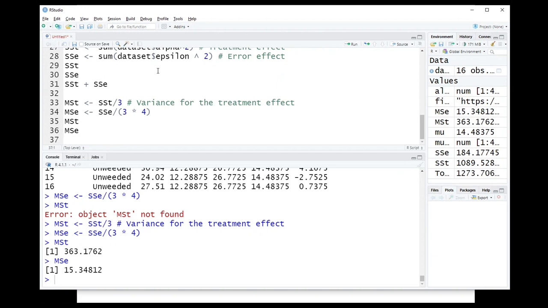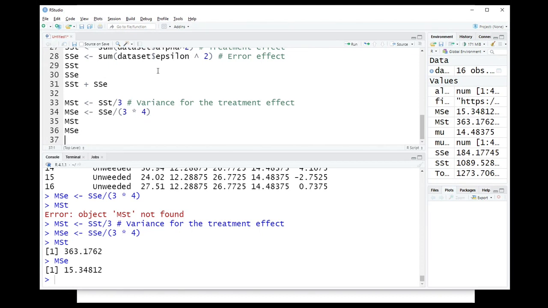So we have 4 treatments, 3 degrees of freedom. The number of degrees of freedom for the error term is equal to the following. We have to consider each group and the number of degrees of freedom in each group. In the first group, we have 4 individuals, and therefore we have 3 degrees of freedom. So we have 3 degrees of freedom per group. We have 4 groups.